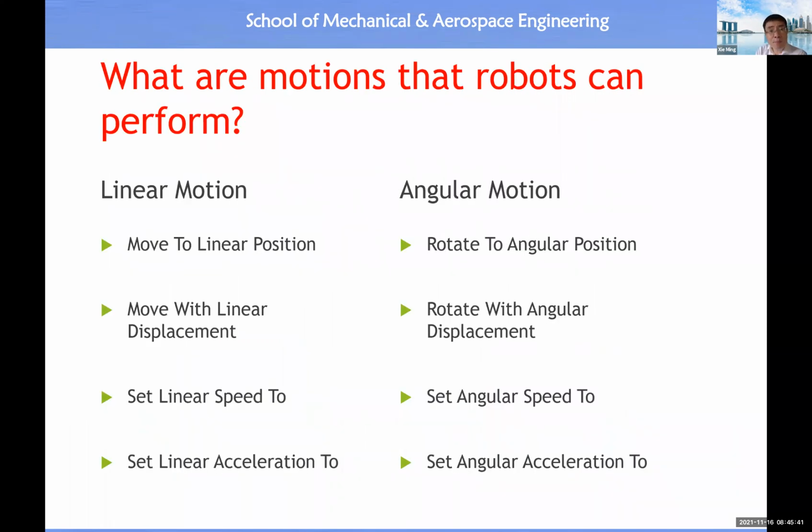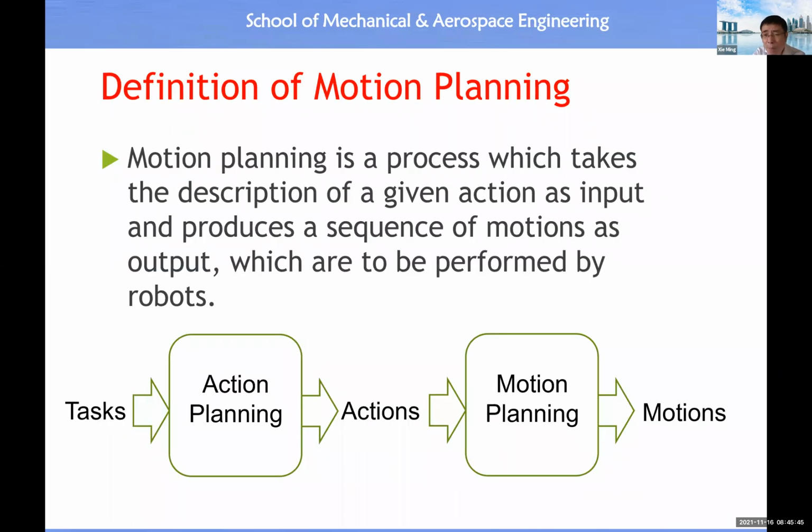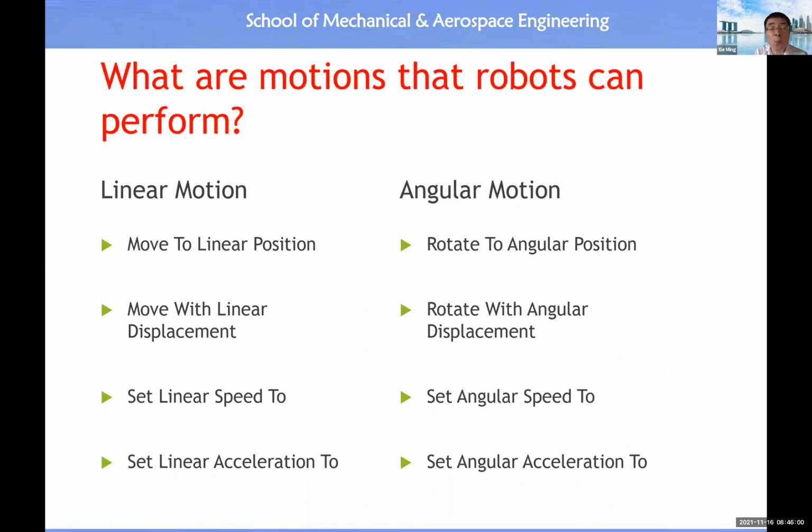Okay, then what are the motions that the robot can perform? Because motion planning will output a motion description which could be performed by the robot. Therefore, we must pay attention to the type of motion that the robot can perform, all right? So in general, a robot can perform two types of motion.